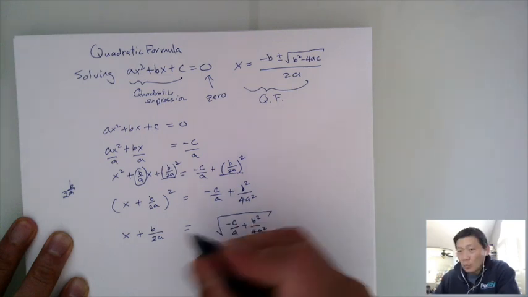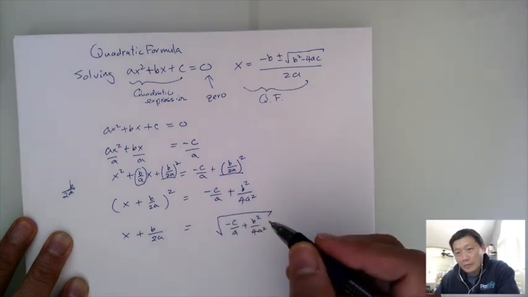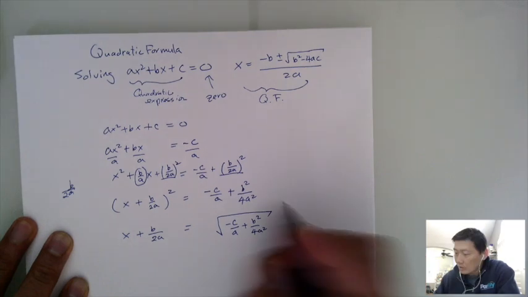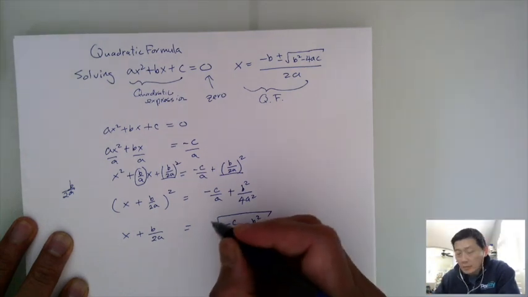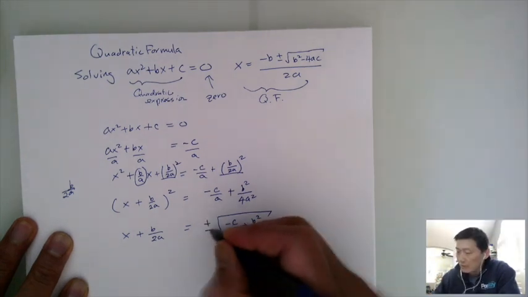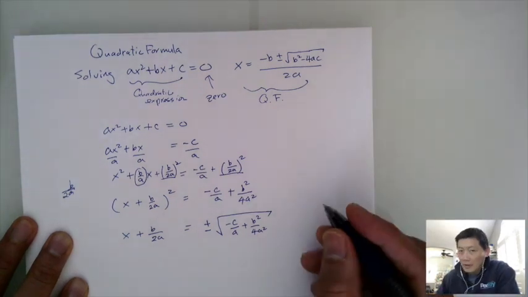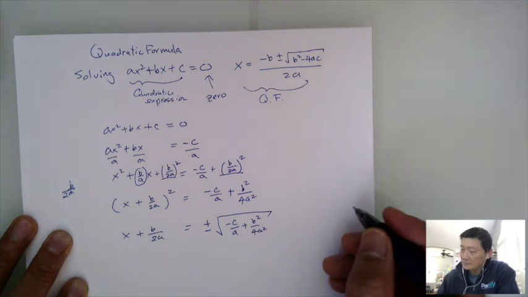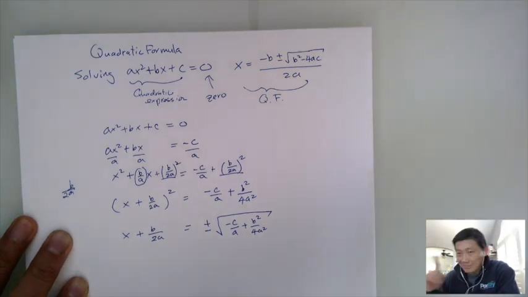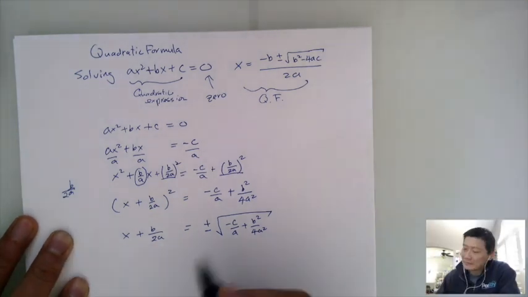But when we take the square root on both sides of the equation, you remember we had this discussion before, you have to have a plus and minus, because you end up with two different answers, a plus answer and a minus answer. Again, if you don't remember that, check out my previous video.